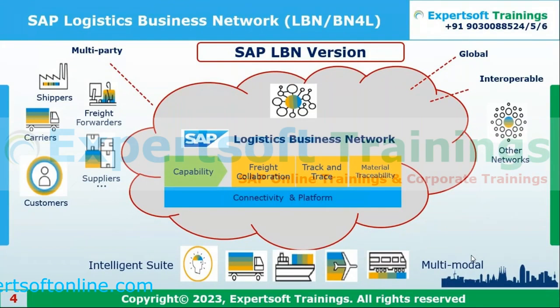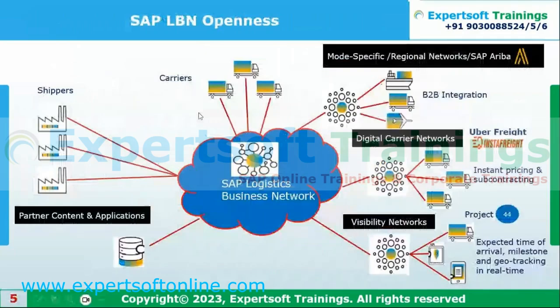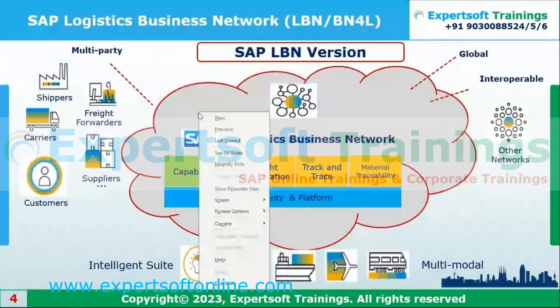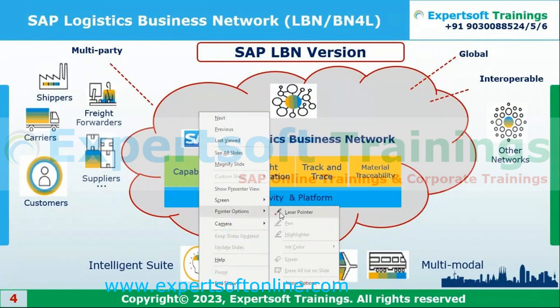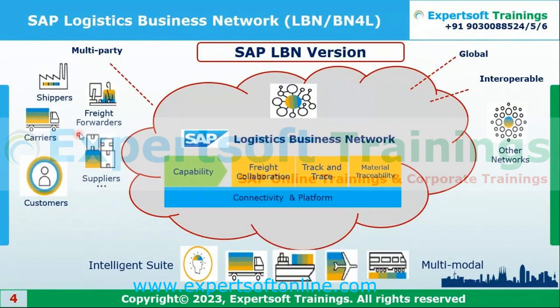So when it comes to LBN, simply speaking, it's a cloud platform where everybody will be involved. It's a multi-party environment, where all the shippers, carriers, customers, freight forwarders, and suppliers will be onboarded, and these are the capabilities.